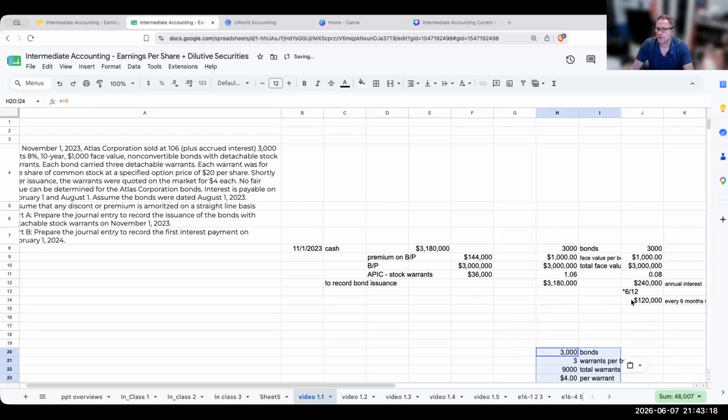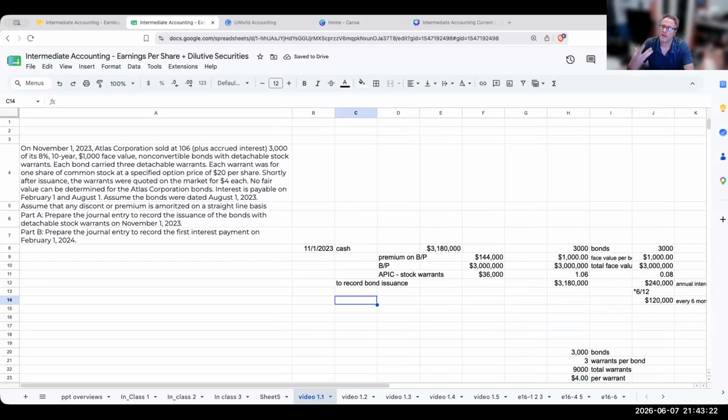So coming over here now, when I look at this, I also have to say, well, they're also paying me accrued interest. So I'm also going to get some more cash, and I'm going to credit interest payable. We'll see why I do this. You can also credit interest expense, but I like doing this as a separate one to record accrued interest from investor. So how much cash am I going to be receiving?